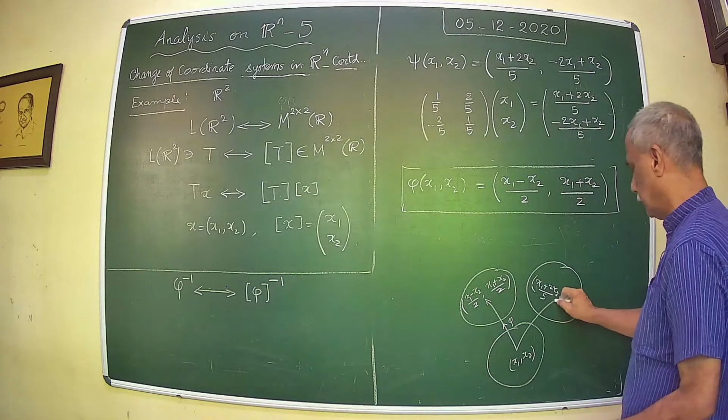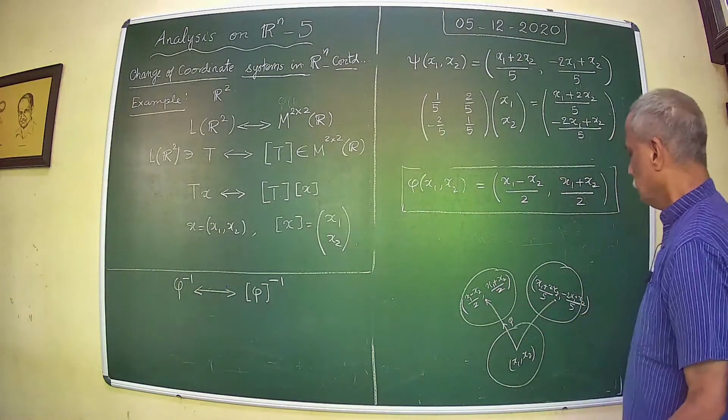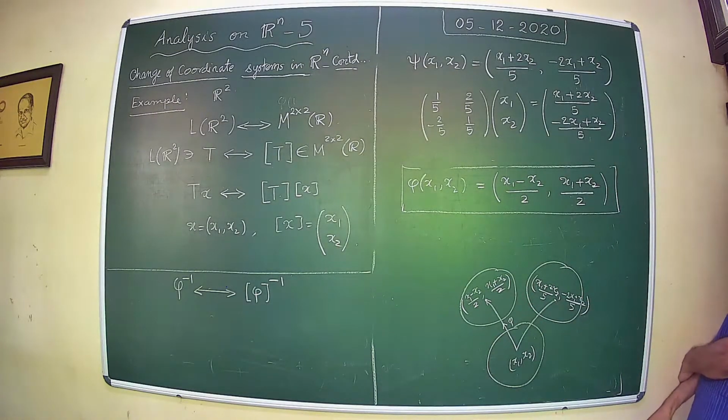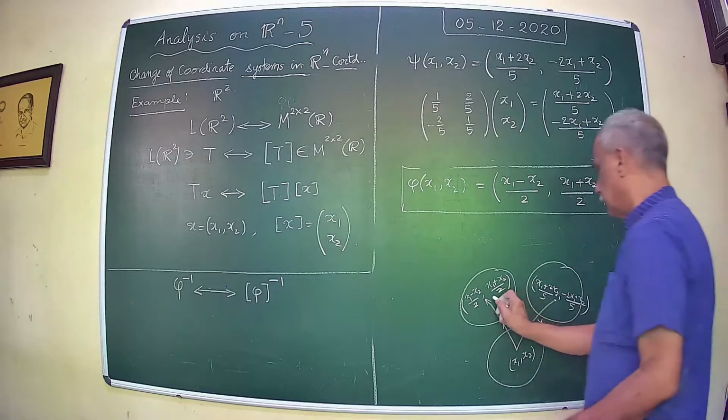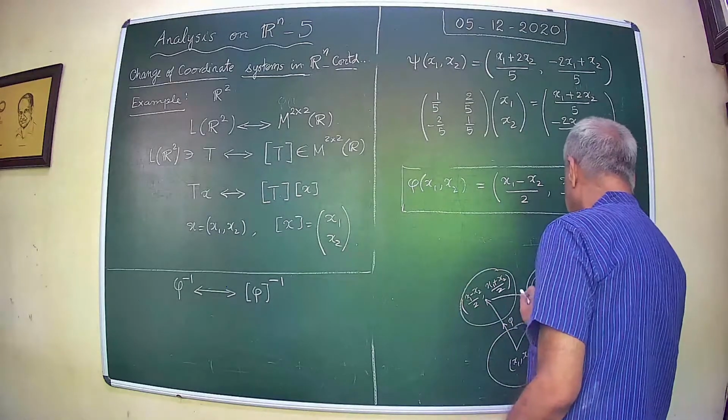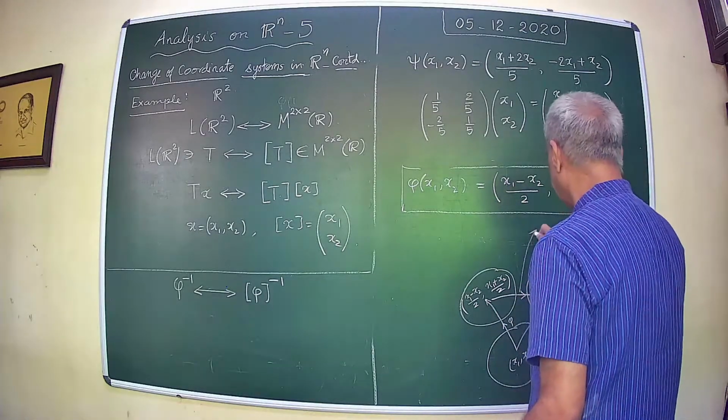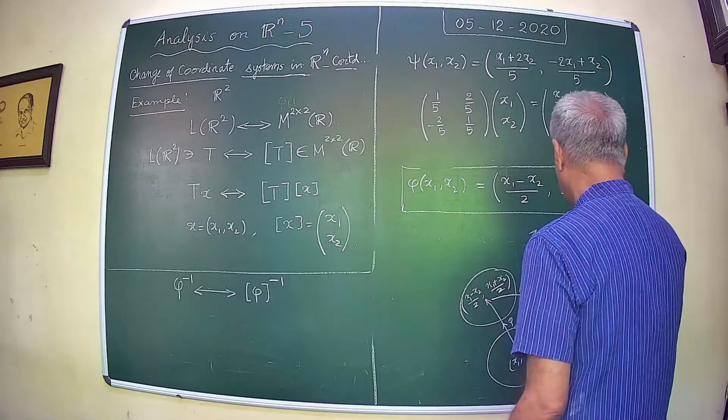These are the points. So this is psi. Therefore, what is this map? This map we have already seen is denoted by phi inverse.